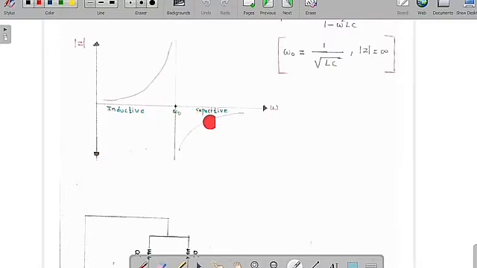When omega is greater than omega naught, the value becomes negative, so it is capacitive in nature. This is the graph we are going to get. As omega is very high, the ratio tends to 0. Similarly, if omega is very low, it also becomes 0.